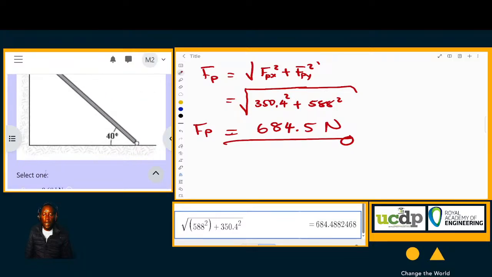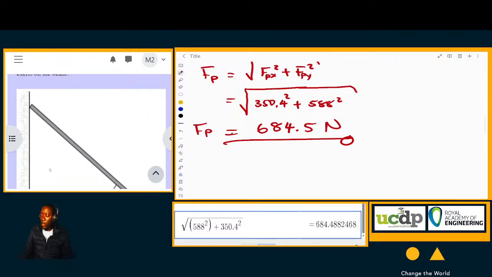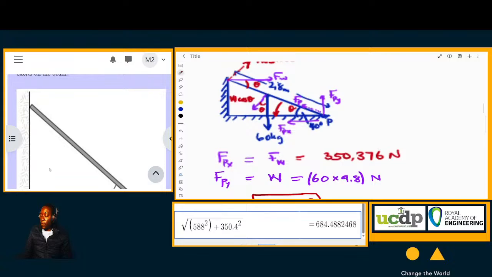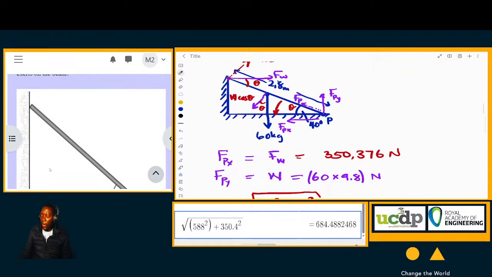So that's basically what is important with the beam. Your components, remember, it's force times the perpendicular distance from the line of action of the force to the pivot.